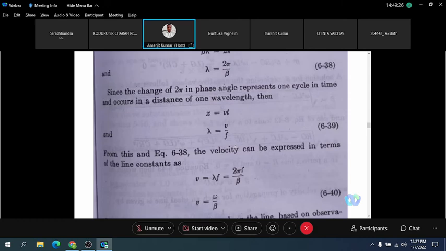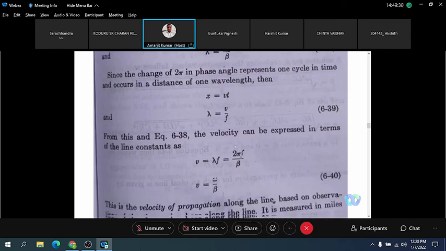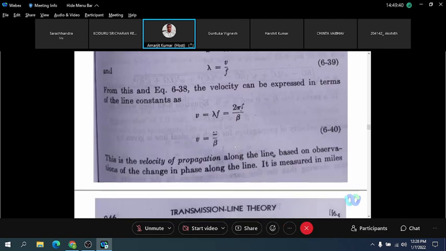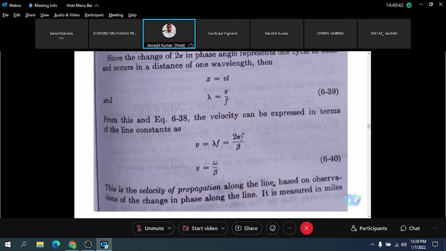Lambda is 2 pi upon beta, so 2 pi f upon beta. 2 pi f is equal to omega, the angular frequency. So v is equal to omega upon beta. All these things you already know from physics. So this is the velocity of propagation of the voltage and current wave along the line.